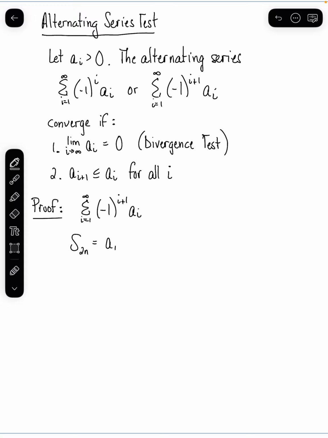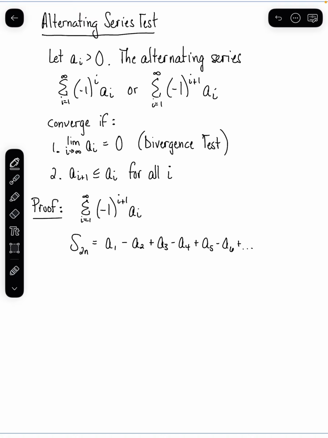This is going to give us a sub 1, or again, by the very nature of negative 1 to the i plus 1, when i is 1, we have negative 1 squared gives us a positive first term. And then we're going to have minus a sub 2 plus a sub 3 minus a sub 4 plus a sub 5 minus a sub 6.